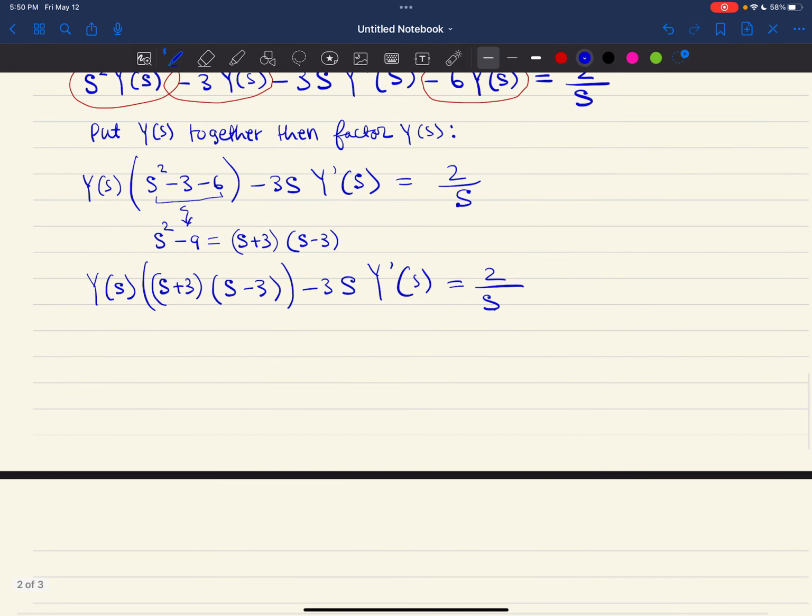Now let's put this into integrating factor form. For an integrating factor, you want the prime to be left alone, so you don't want this minus 3s over there.